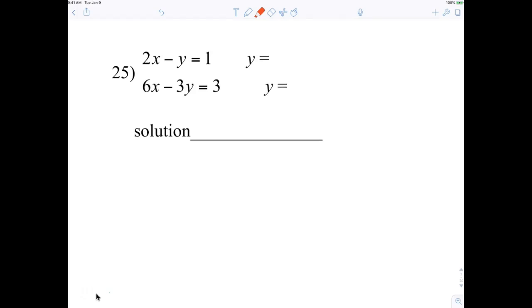What I want you to do is put parentheses around it, multiply by 3, and then make an observation. It is the same line. Hold up, just a second. So if I multiply this by 3, that becomes 6x minus 3y equals 3.